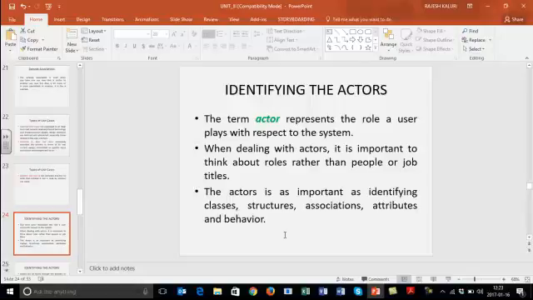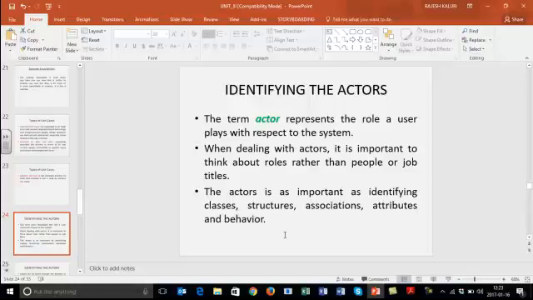When we are going to identify the actors, we have to remember whether the actors are affordable in developing or taking classes, structures, associations, and attributes linked with classes. Because finally, if you are not considering a proper actor, then some kind of issues will arise maybe in the later stages.